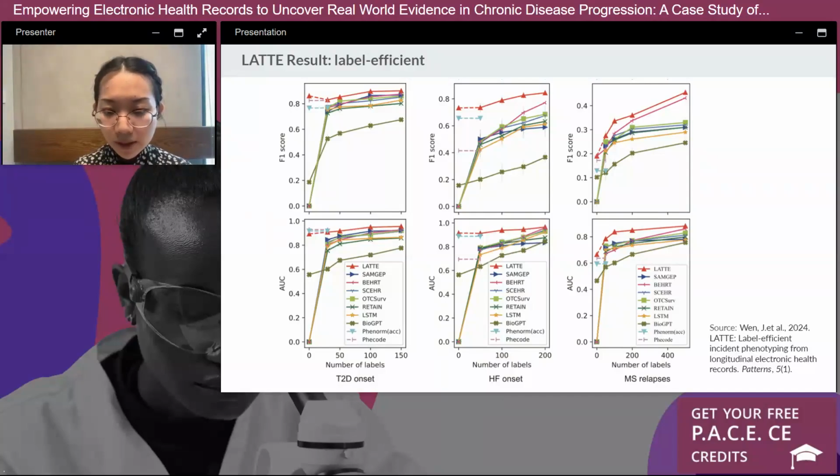From here, you could see the x-axis represents the number of labels. So if you only have a small number of gold standard labels, then LATTE can already perform incredibly well. So I think that is the key takeaway to say why LATTE is label efficient.